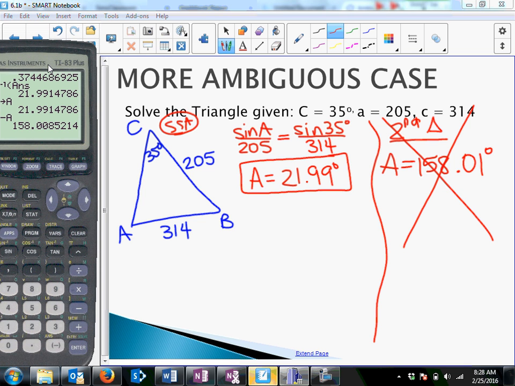Angle A. We take the supplement of this angle A. If there's a second triangle, the first angle that you find will be supplements of each other. Please keep in mind the first angle you find in the side-side angle case, that's the one you're going to take the supplement of.